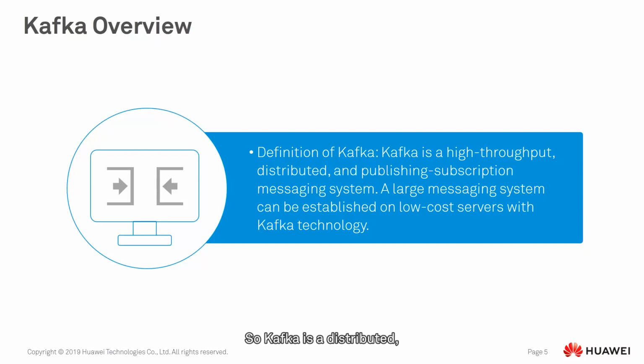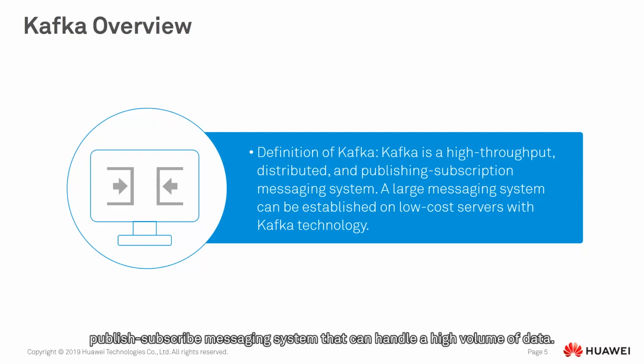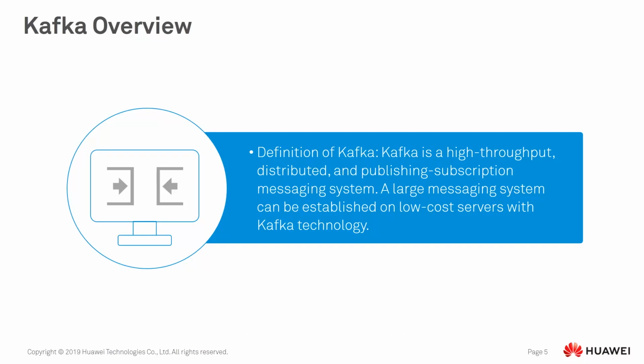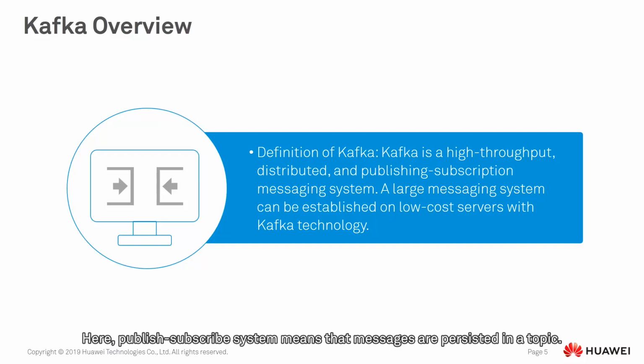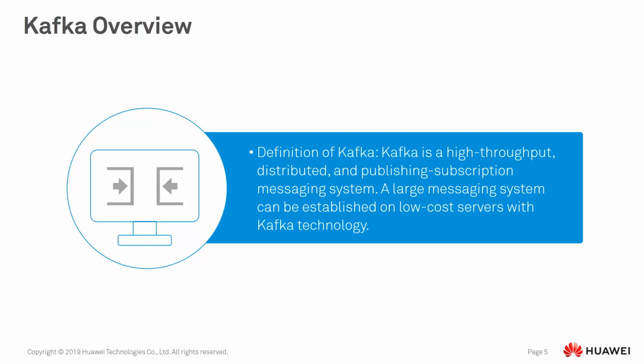So Kafka is a distributed, publish-subscribe messaging system that can handle a high volume of data and enables you to pass messages from one endpoint to another. Here, publish-subscribe system means that messages are persisted in a topic. I'm going to explain this concept in detail later.